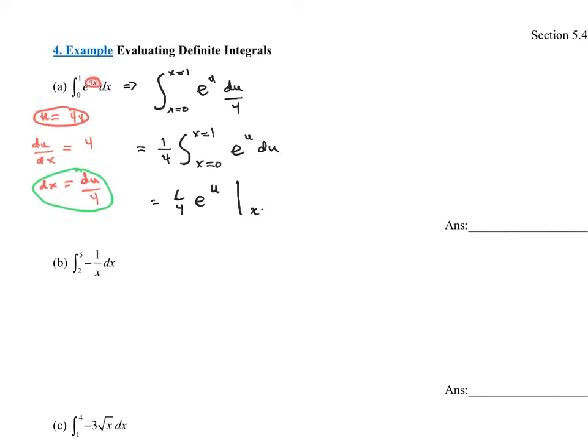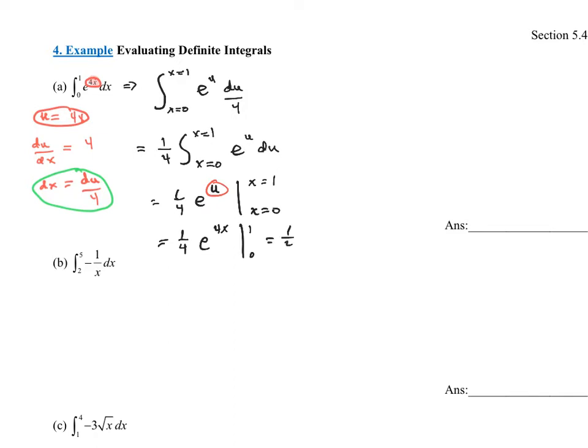Remember, this is from x equals 0 to x equals 1. I cannot directly just plug in 1 and 0 because I need to back substitute for u. So this would be 1/4 times e to the 4x, which is what u is, evaluated from 0 to 1. Notice I dropped the x equals now because it is in terms of x.